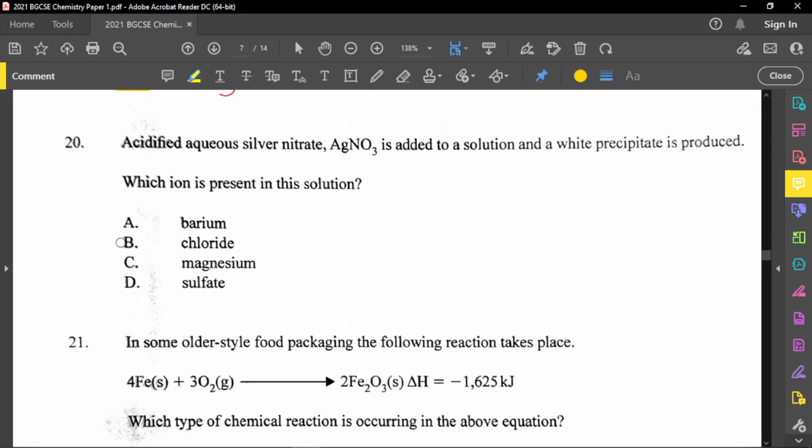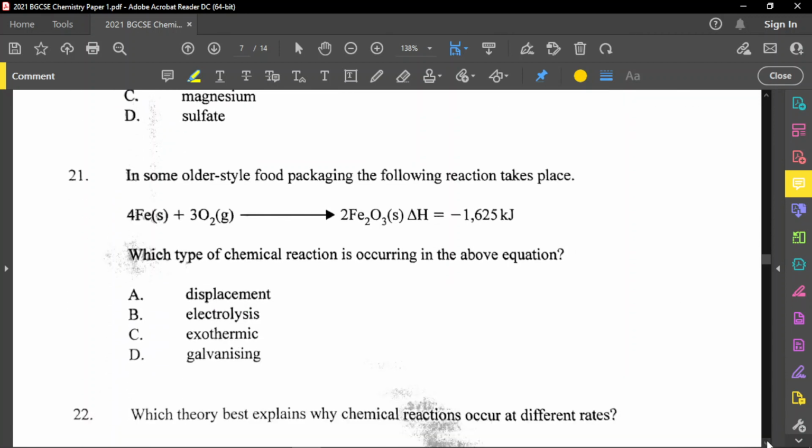So the best one here will be the chloride, because both of them are insoluble. As a matter of fact, silver sulfate is more insoluble than even silver chloride, just to mention that. I guess this is just because of the reaction in the acidified condition. And again, sulfate cannot replace sulfate. If you use sulfuric acid, for example, there will be no reaction in that case.